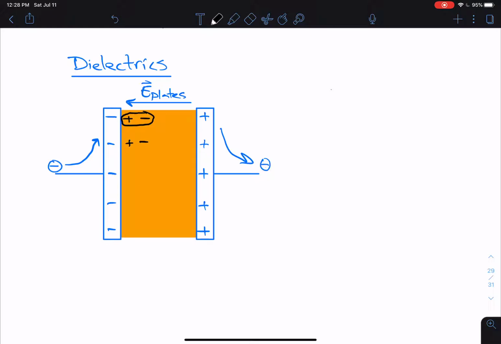And that happens all along this left side, like so. But it also happens on the right side of the plate. Here, the electrons are attracted to the positive plate and the positive charges, the protons, are repelled by the positive plate. And so you get this.